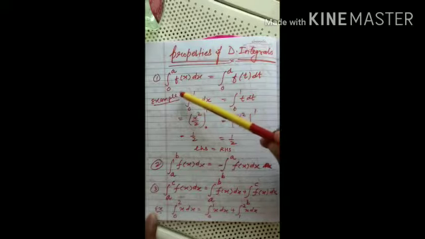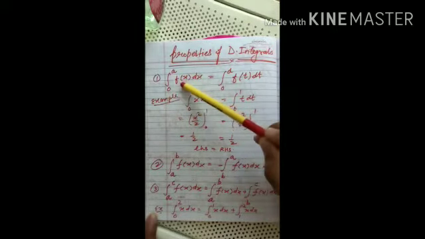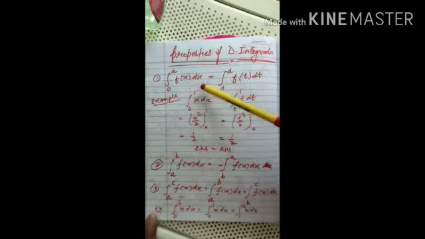So dear students, the first property is integration from 0 to a of f(x) dx. This can be written as integration from 0 to a of f(t) dt. In this, we have only changed the variables. So there is no effect on the question if we change the variable.